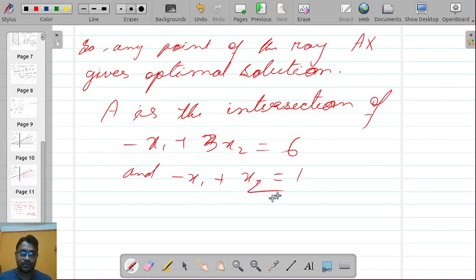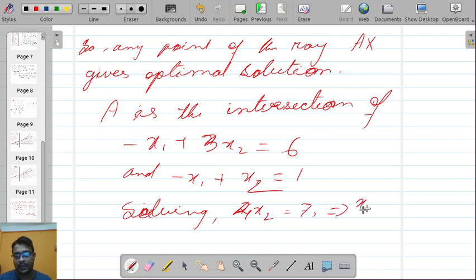If you solve this, what do you get? 4x2 equal to 7. So x2 is equal to 7 by 4. And so what is x1? x1 is 7 by 4 minus 1, so that is 3 by 4.